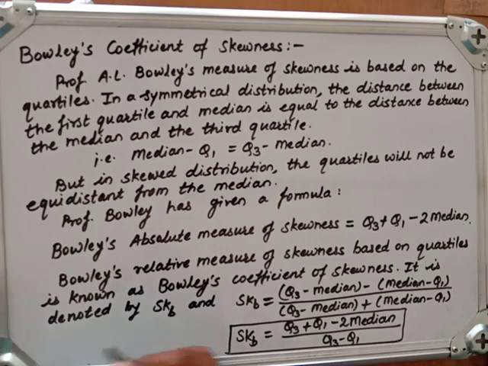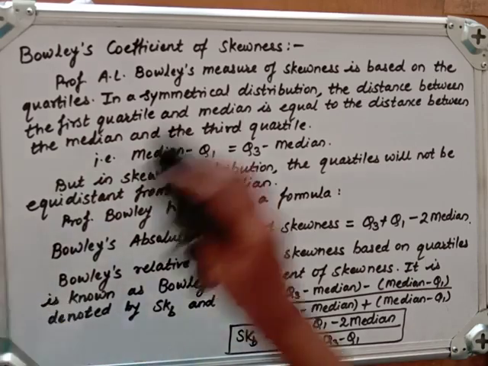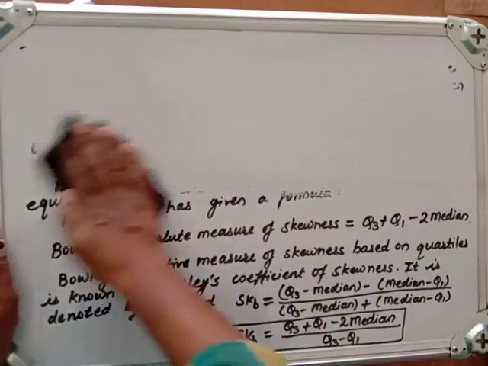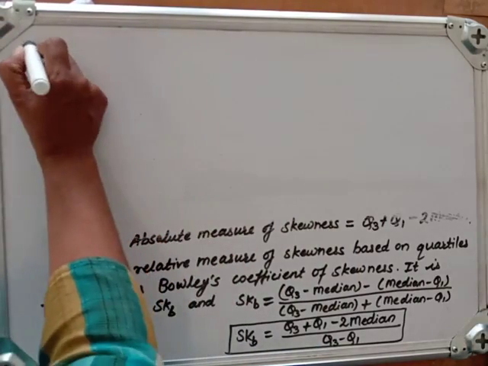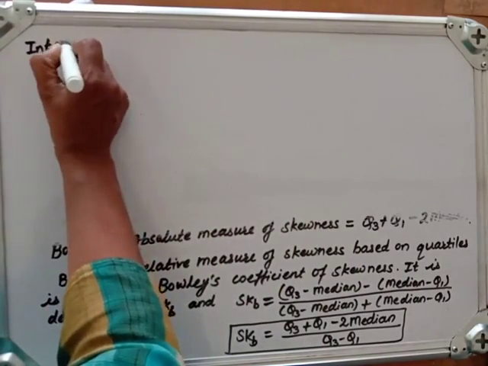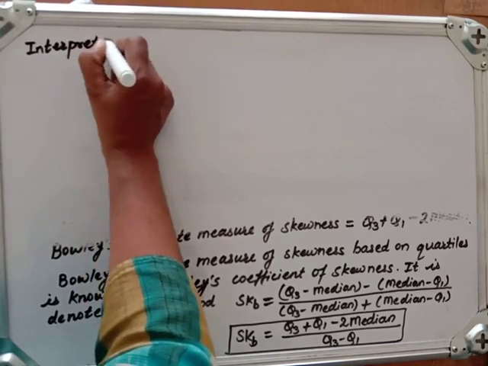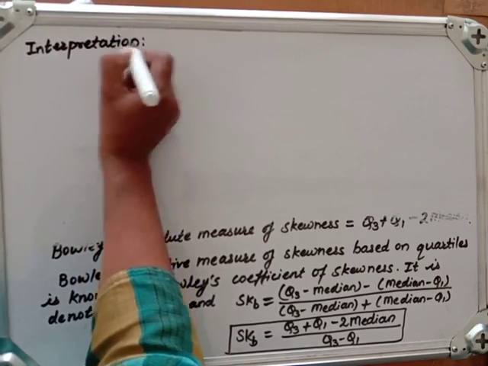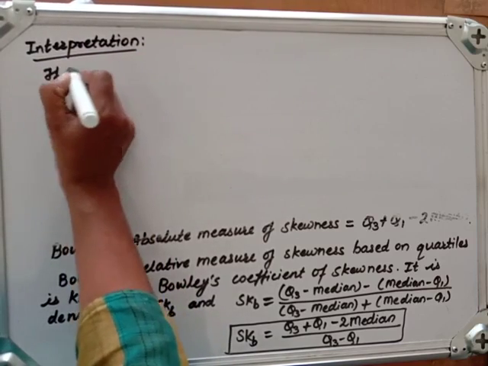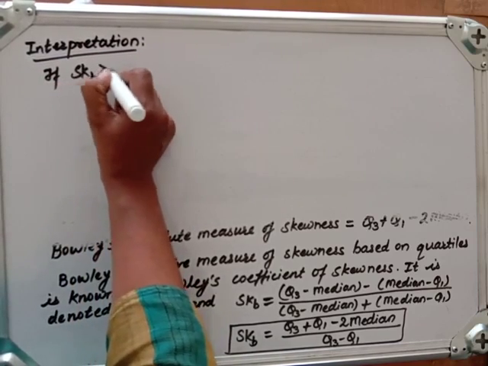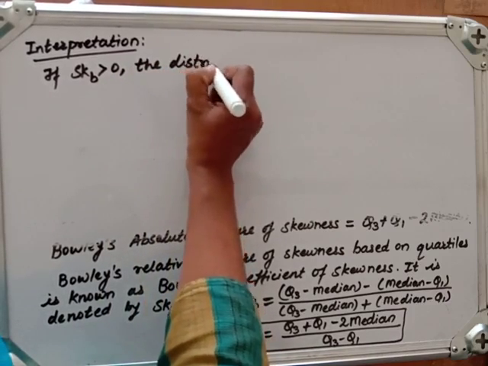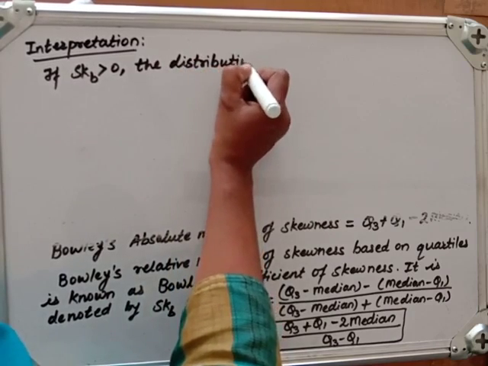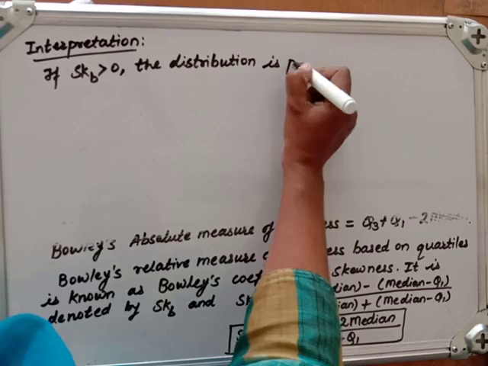Now let us see the interpretation from this result. If SKB is positive, the distribution is positively skewed.